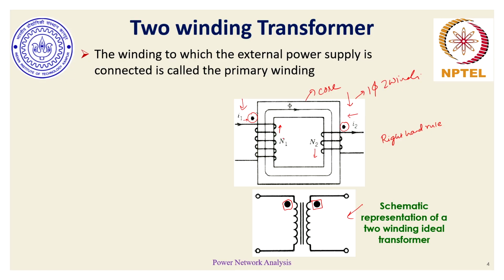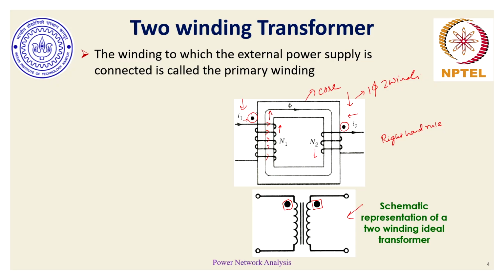So if we talk about the side having N1 number of turns, as the current I1 flows through this winding, the direction of this current is in the curl of the right hand. So essentially the thumb would point towards the direction of the magnetic flux.